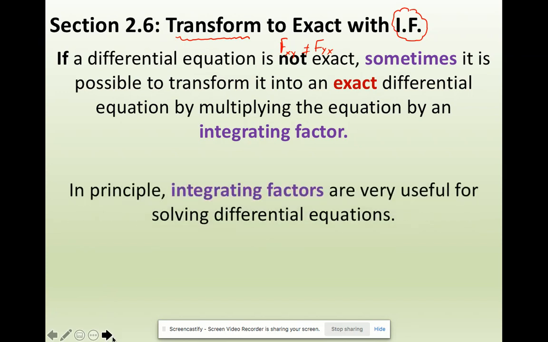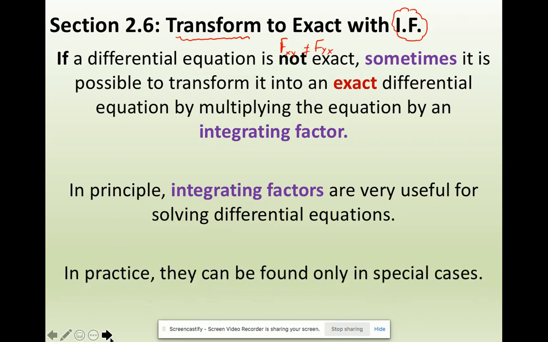And again, integrating factors are great, but we do have to remember that special circumstances have to happen with the math in order to make them useful. They're worth studying because there are a number of these special cases. So here's the theorem.